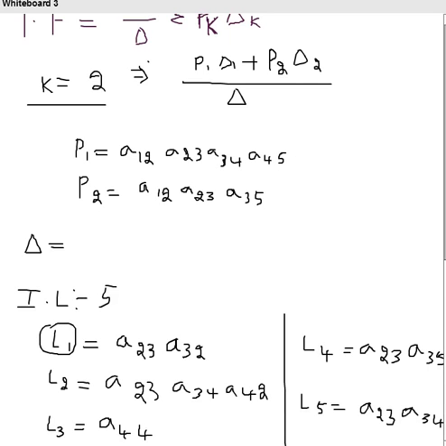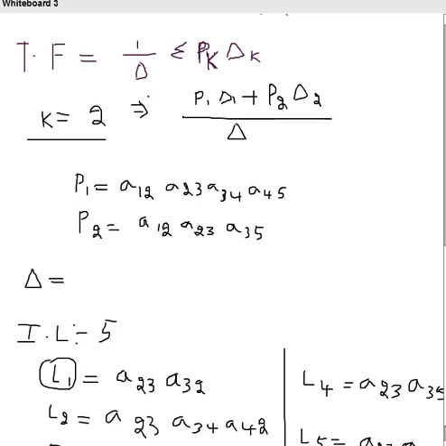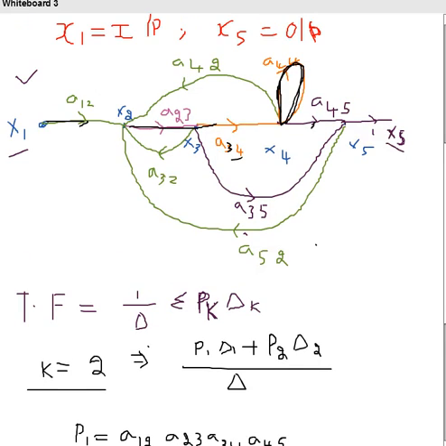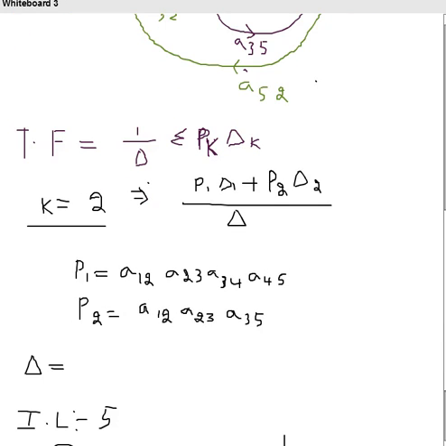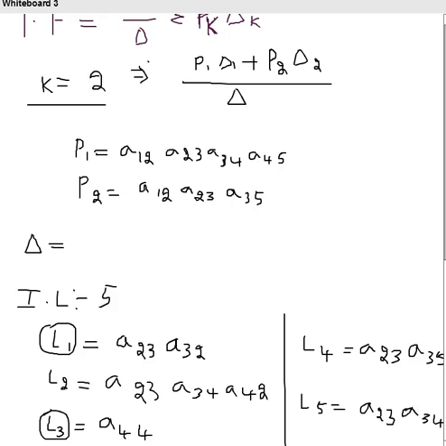L1, L3. If you see L1 and L3, L1 is A23, A32. So the A23, A32 this is, and this is one loop. These two loops are not touching at the same node, right? Correct. So non-touching loops.